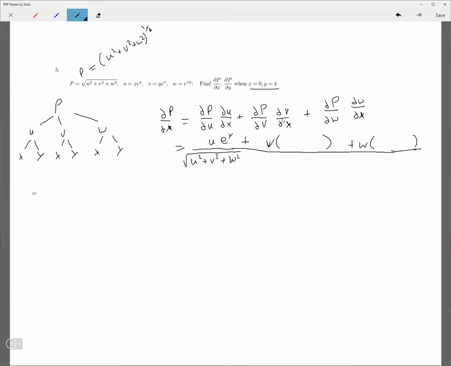So dv/dx is just going to be y e to the power of x. And dw/dx is going to be e to the power xy times y, because the partial of this with respect to x is just y.